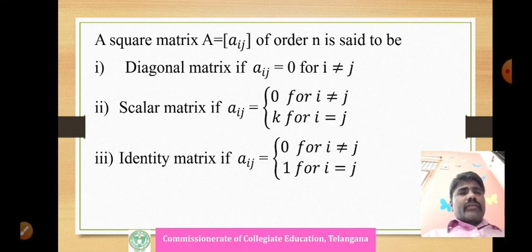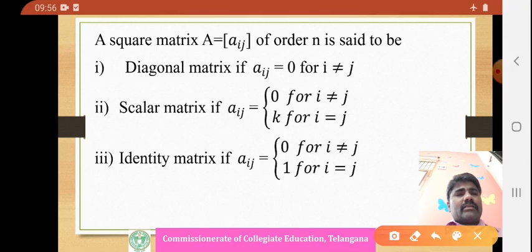First, a square matrix A equals aij of order n is said to be a diagonal matrix if aij equals 0 for i not equal to j. The elements other than the principal diagonal elements must be zeros.